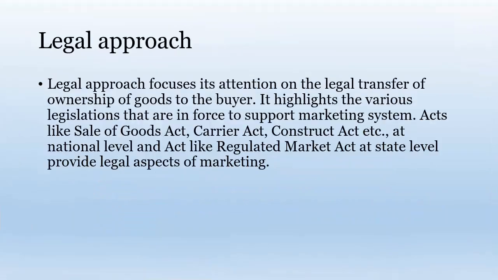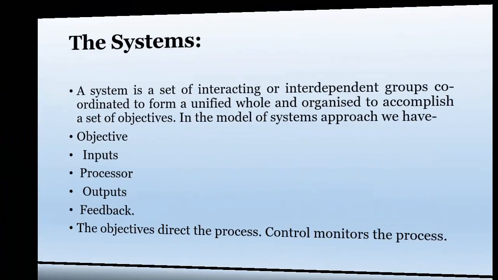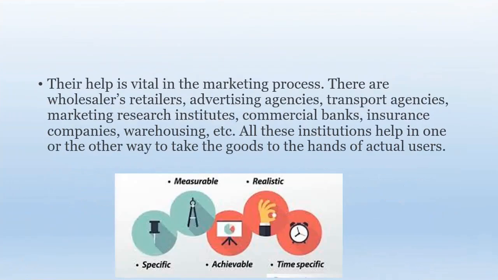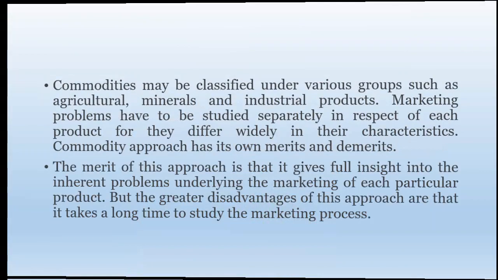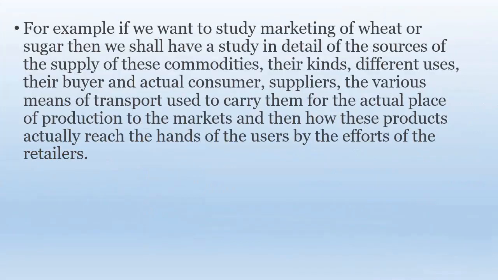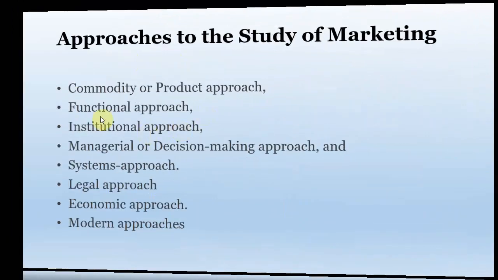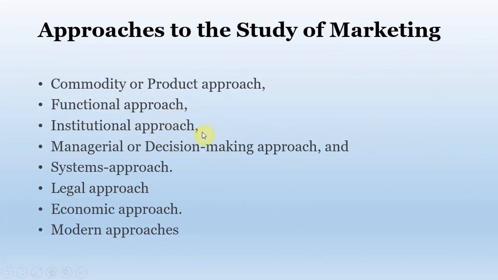You just write down the points of the different approaches and the basic points of today's video: commodity, product, functional, and write a little explanation, the basic points of explanation about what the functional approach and product approach are, that means from production to supply, consumer, and after sales services.